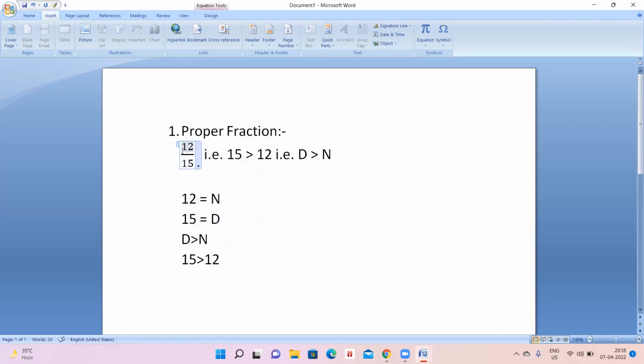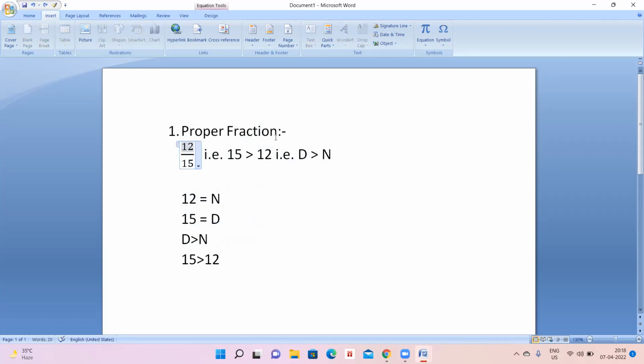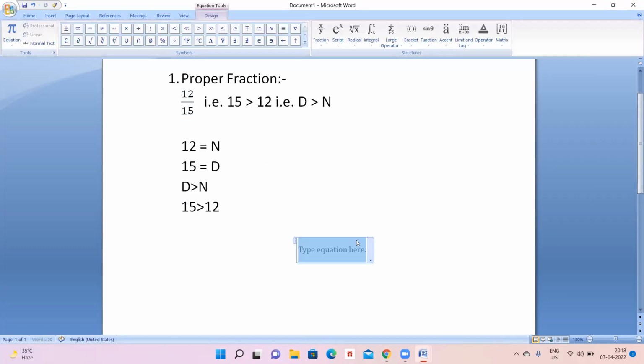Suppose a number is written like this: 10 upon 20.